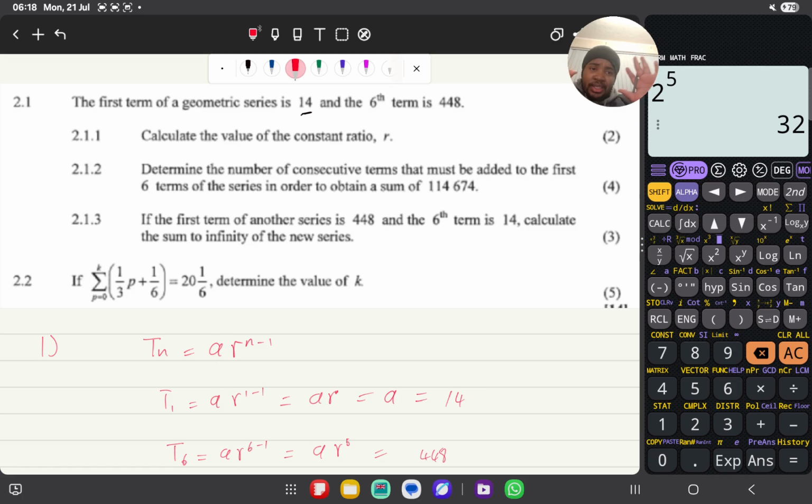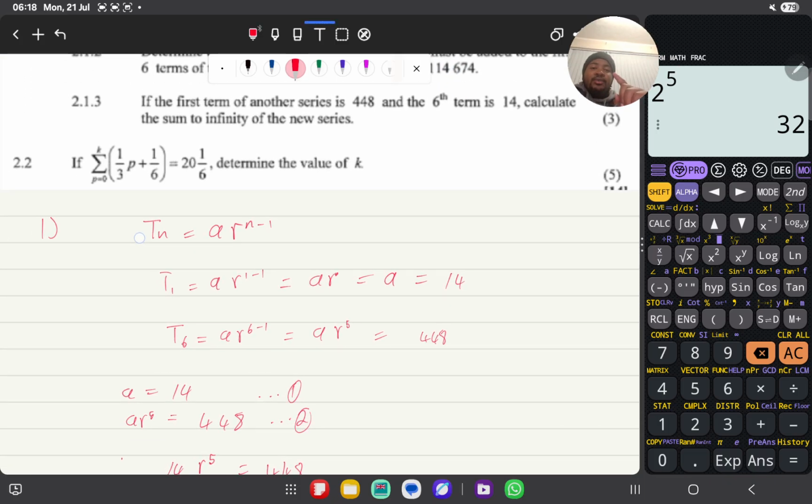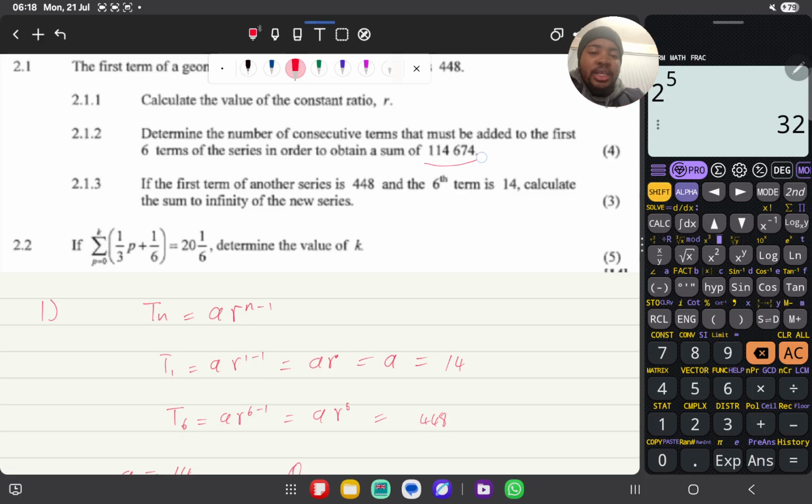These are our first 6 terms. And then we add a couple of consecutive terms. Now when we find the sum of all these terms, the ones we added plus the 6, we get a total of this much. So we can find out how many terms give us that sum.